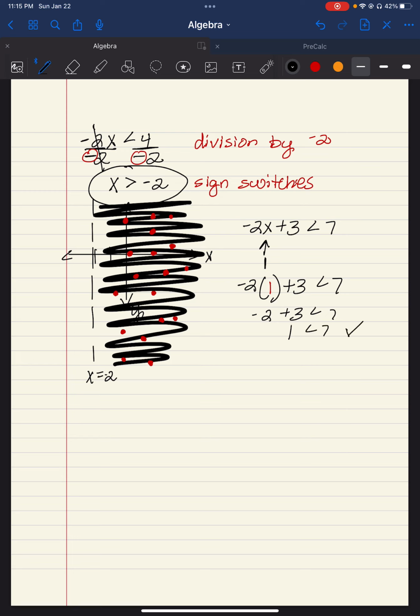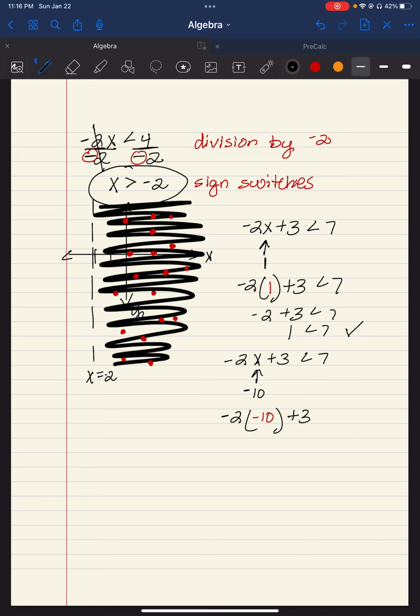That works. If we were to try a number smaller than -2, so let's try -2x plus 3 is less than 7, and in here, let's say we plugged in a -10. That's less than -2. That's not greater than -2. What would happen? I'd write -2 times -10 plus 3.